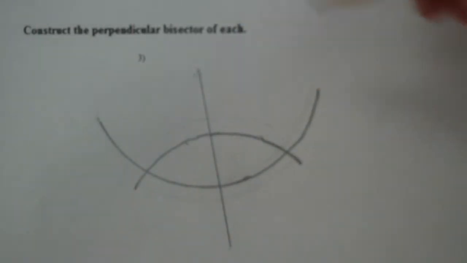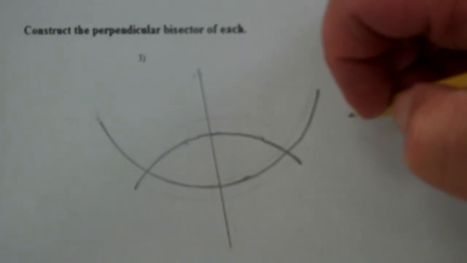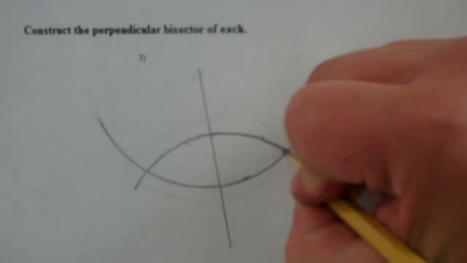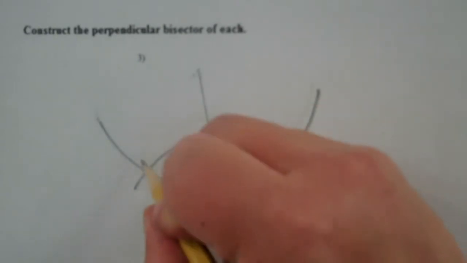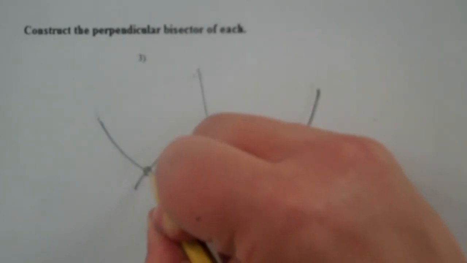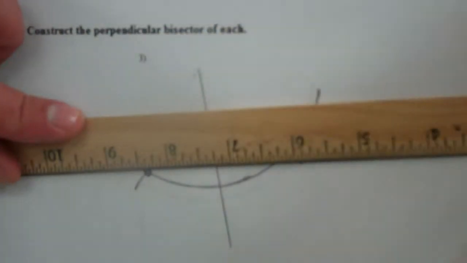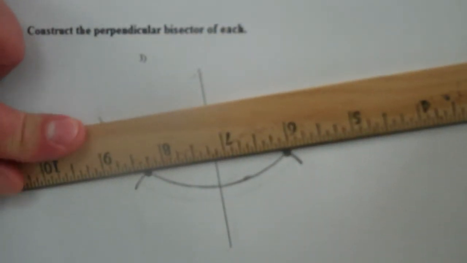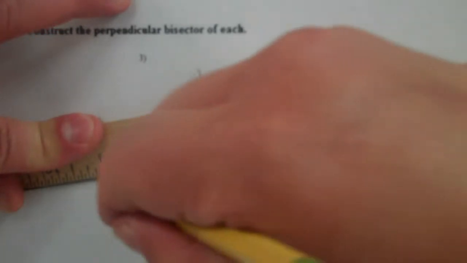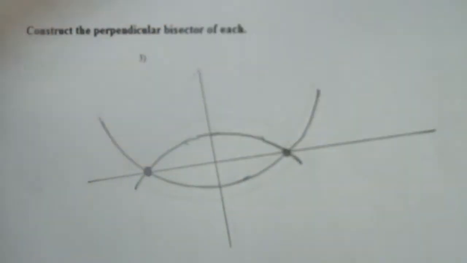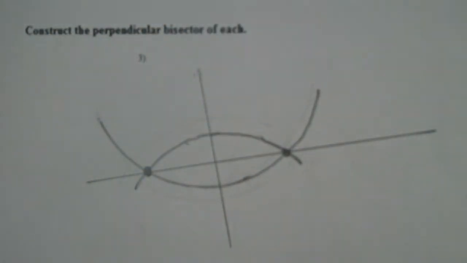The points in which the two arcs intersect, we're going to mark. And with those 2 points, we're going to take our straight edge and draw a segment through those 2 points, giving us the perpendicular bisector of the segment.